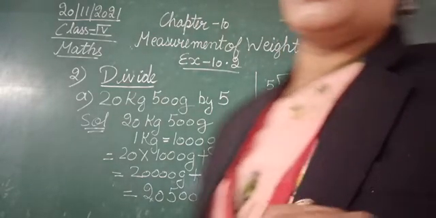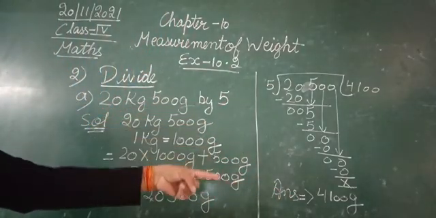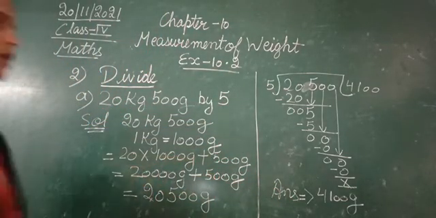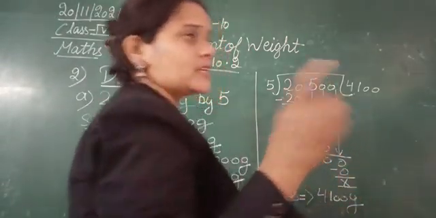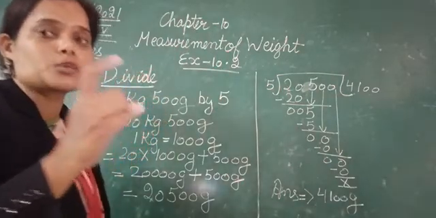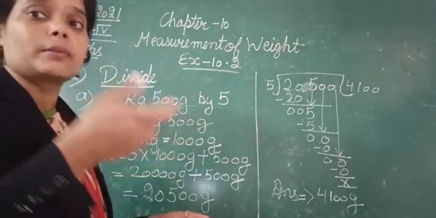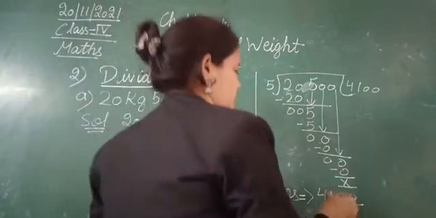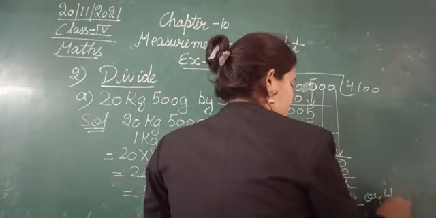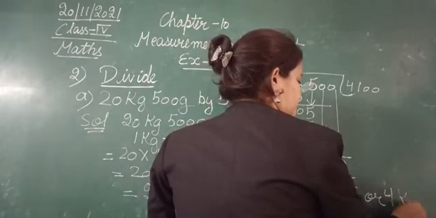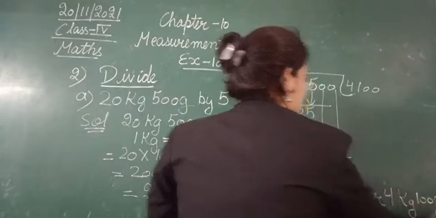But in the question it is kilogram and gram, so you can write it in kilogram and gram as well. When it is given in gram, the last three digits we can take as gram, and the rest of the digits that are left will be kg. So 4100 gram is equal to 4 kg 100 gram.